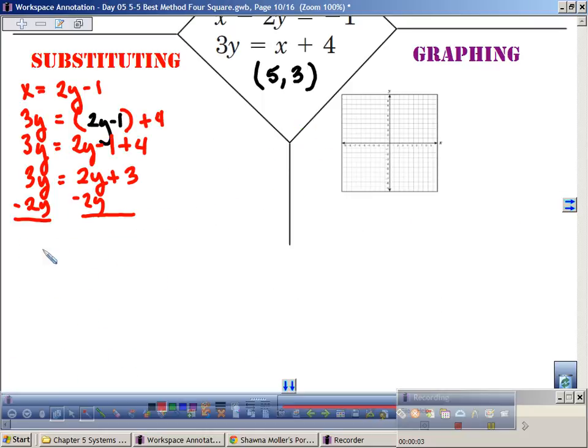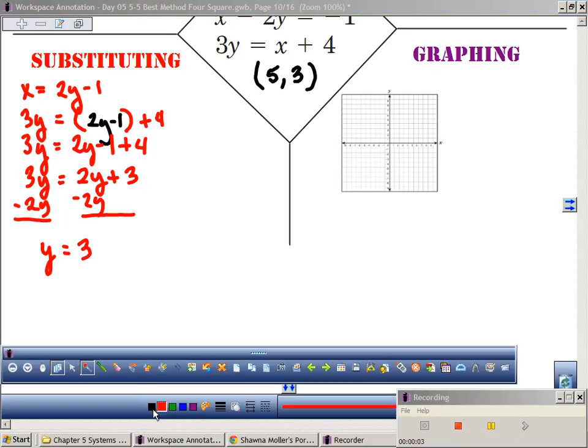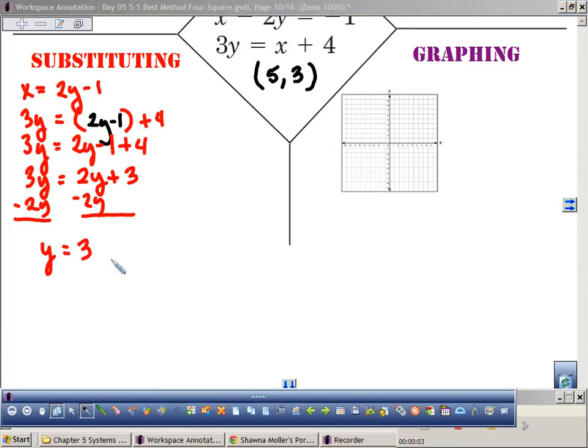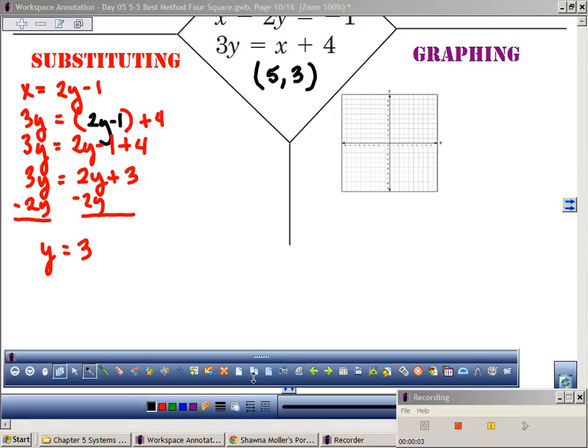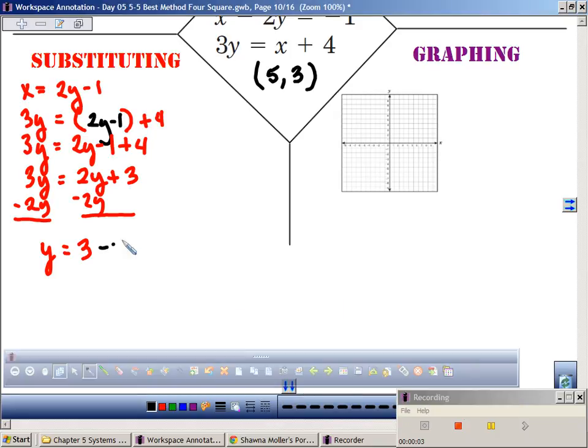And I get y equals 3. So far it matches, correct? All right, what's my final step? Substitute it back in. Into here.